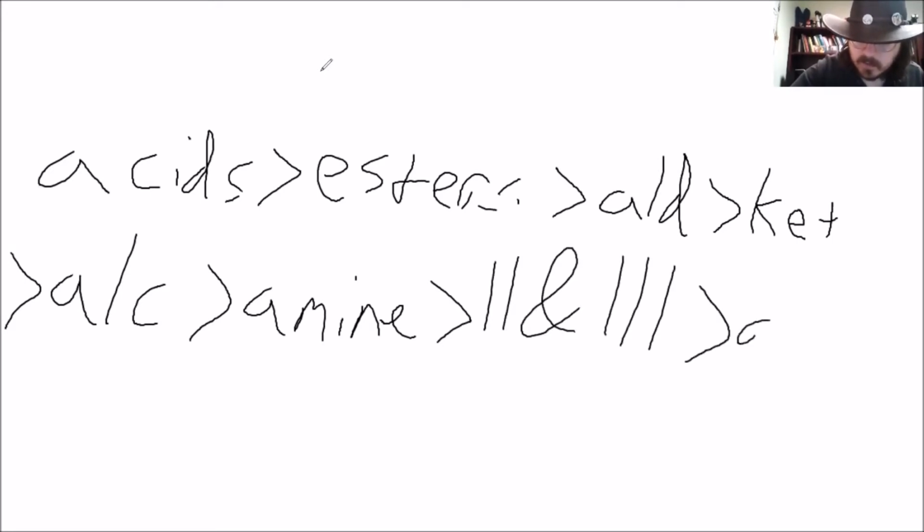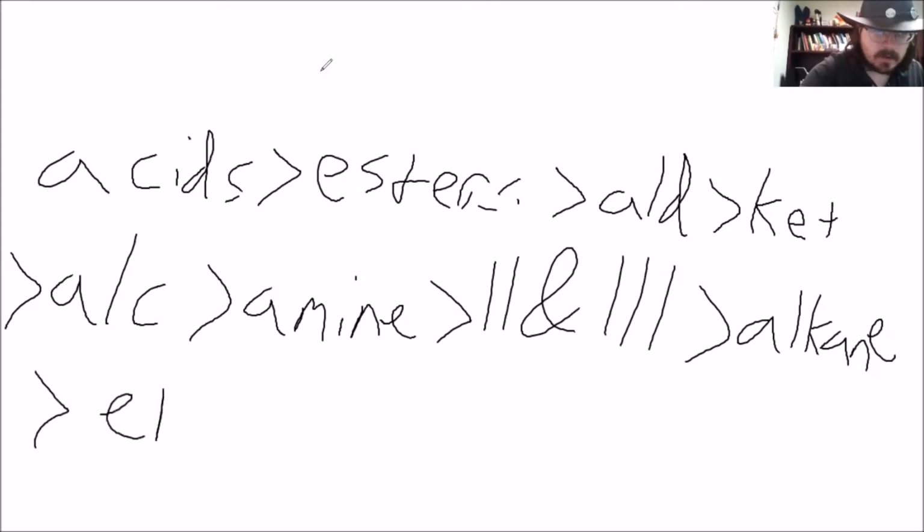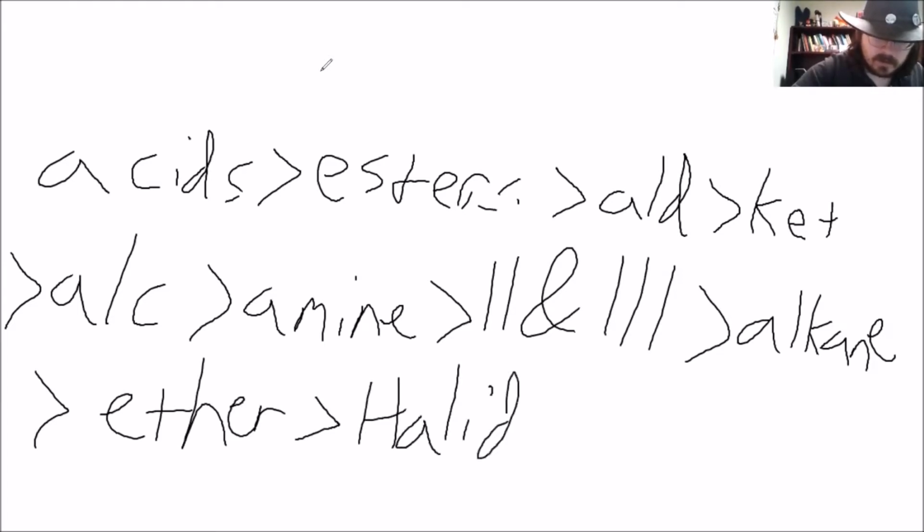We have our basic alkane, and then we have our ethers and halides, and halides and what have you. We don't include our nitriles and nitro groups in this for whatever reason.